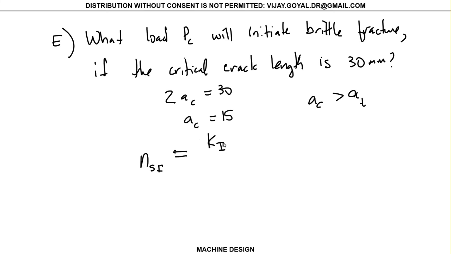And note that I'm using here Ki. When I want to find loads P, I want to be conservative. So I want to use this value instead of the value of Kc. Okay, I want to initiate fracture, onset of failure. So the problem basically says the critical fracture toughness of mode 1 has to equal my required mode 1.